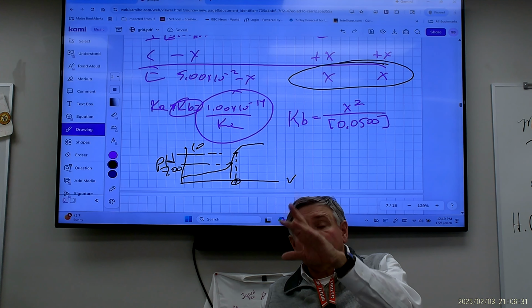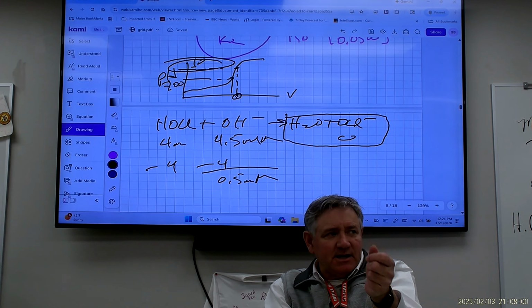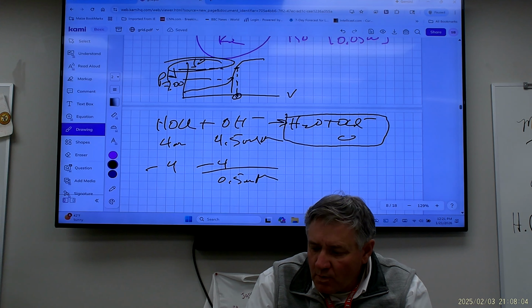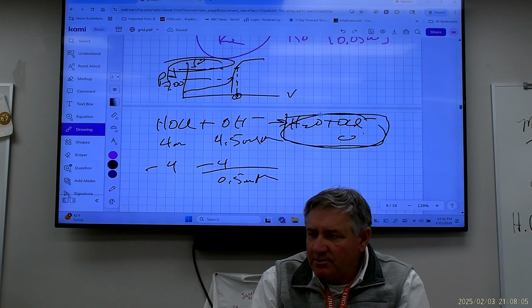Now, technically, is the water and the conjugate base going to produce some hydroxide ions? Technically, yes. That's like you walking to the ocean and taking a cup of water and pouring it into the ocean. This will generate some hydroxide ions, but it's like pouring a cup of water into the ocean.